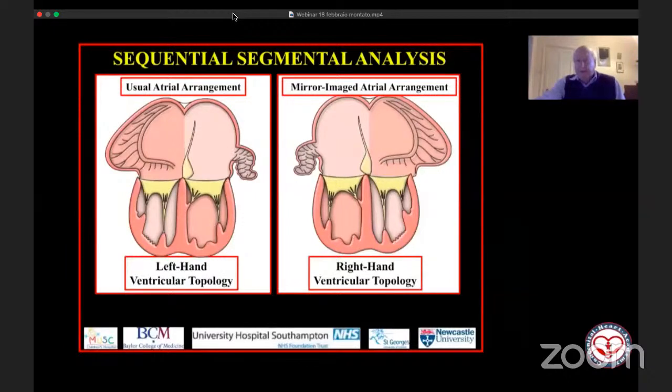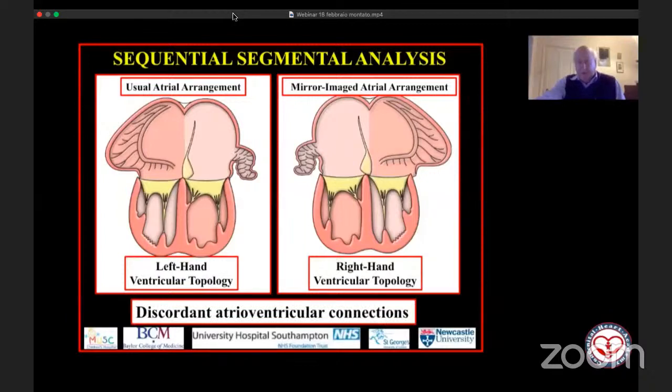But it is the connection of the atriums to their inappropriate ventricles that underscores this arrangement, which we call discordant atrioventricular connections. And Diane now will illustrate discordant connections to you in the setting of usual atrial arrangement. We don't have an example with mirror-imaged atrial arrangement, but it can occur.